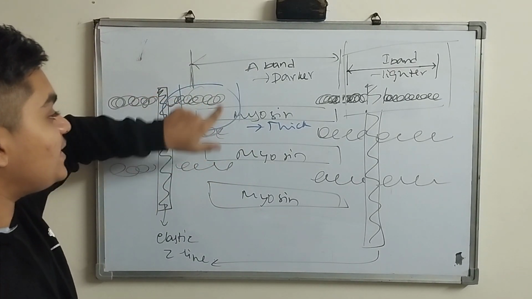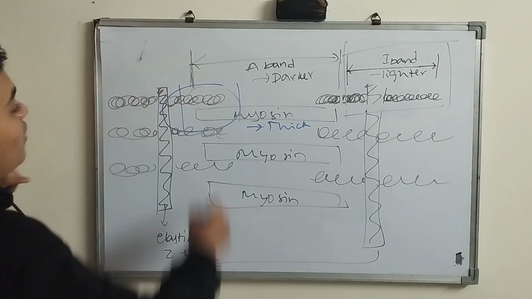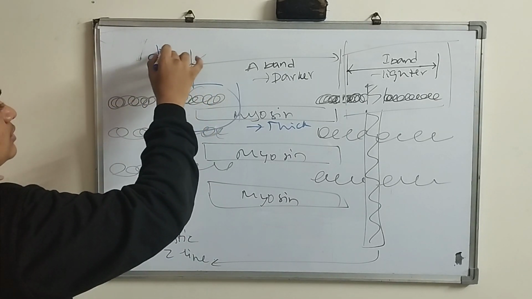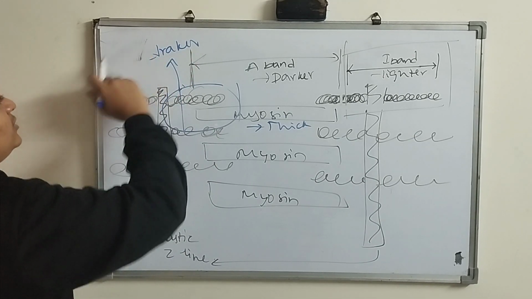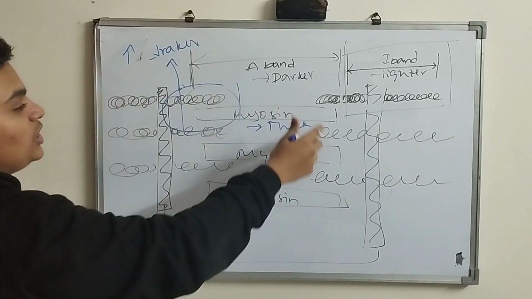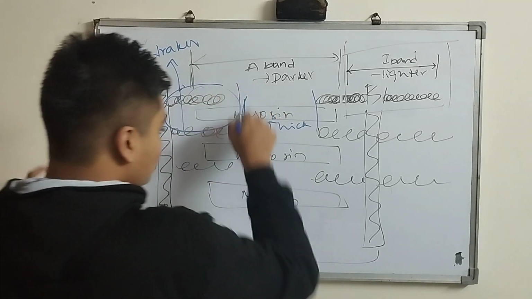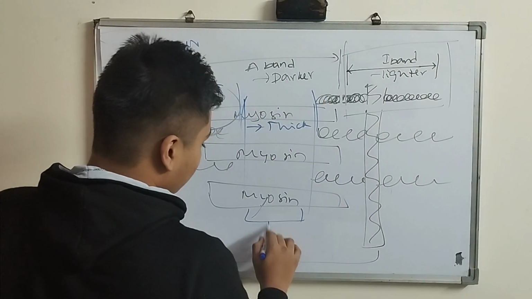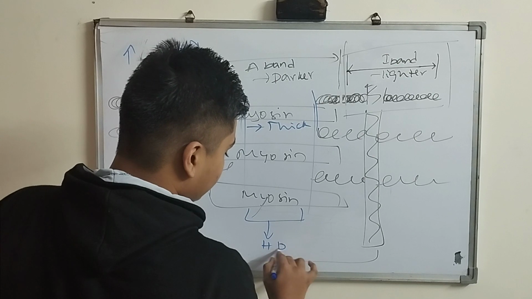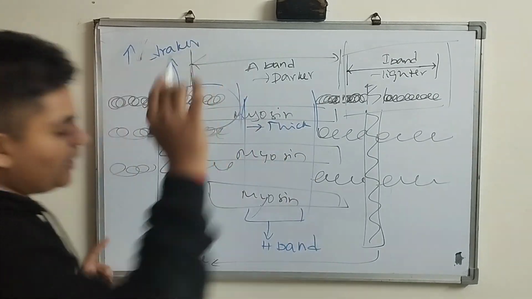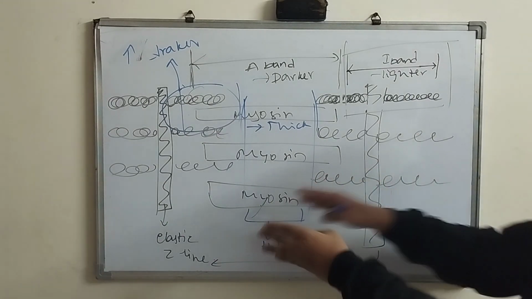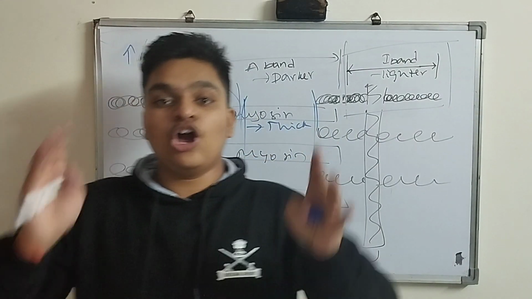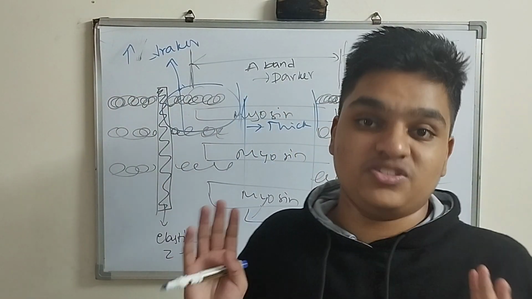This overlapping region in the A band appears more dark than the non-overlapped region, that is, the only-myosin region. And this only-myosin region, my friends, we call the H band. The only myosin region which is present, which is lighter when compared to the overlapped region, we call the H band.